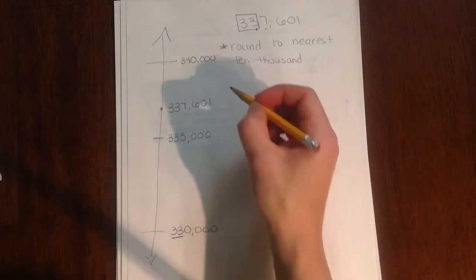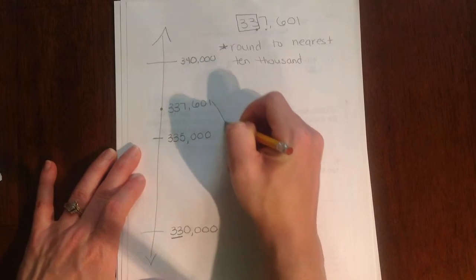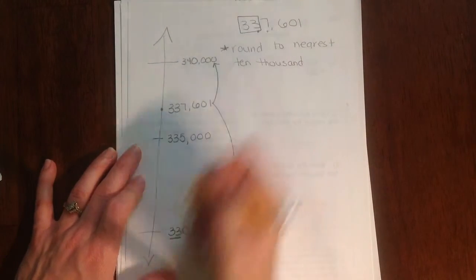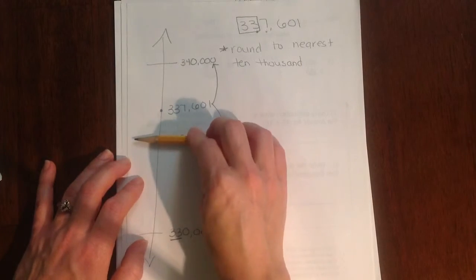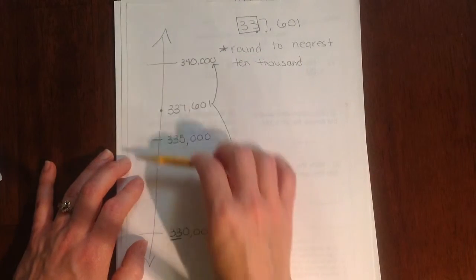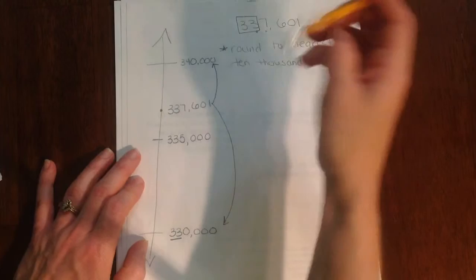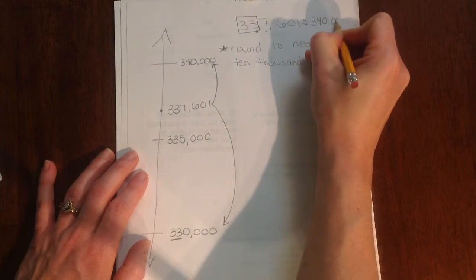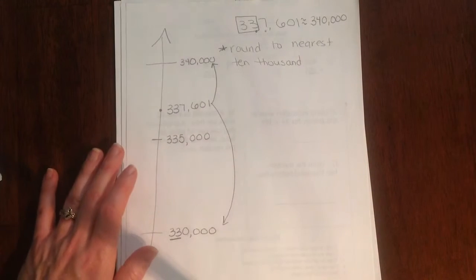So now our next step is, does it round down or up? Since it's past the midpoint, it rounds up. So it would be about 340,000 when rounded to the nearest 10,000.